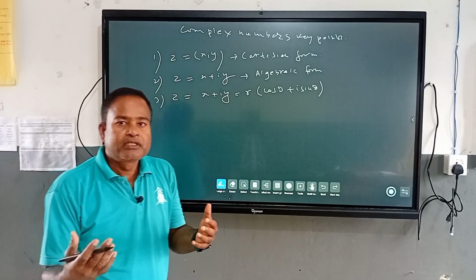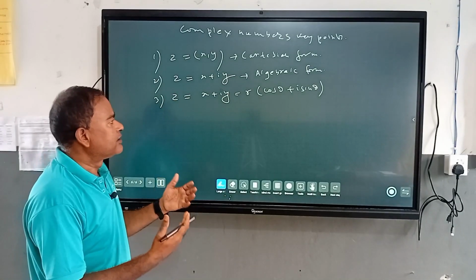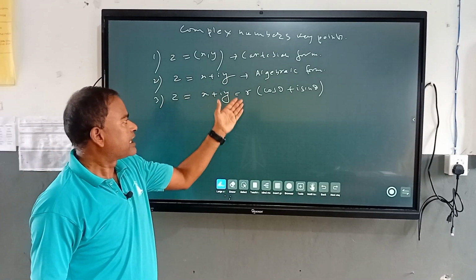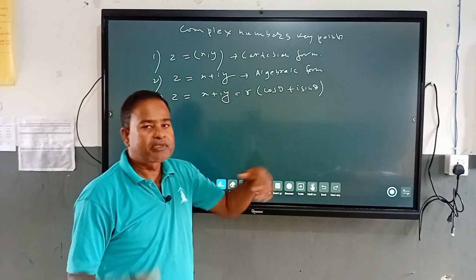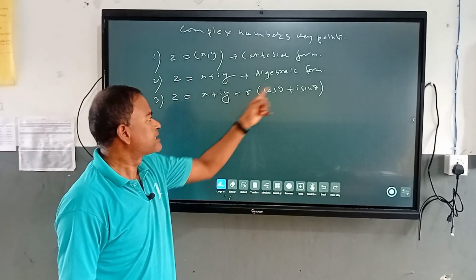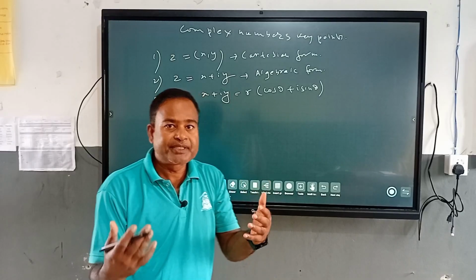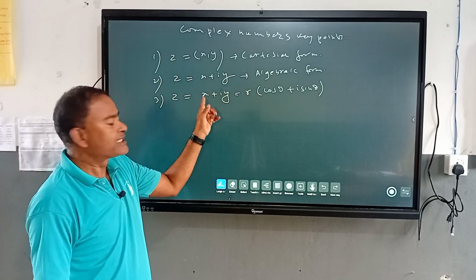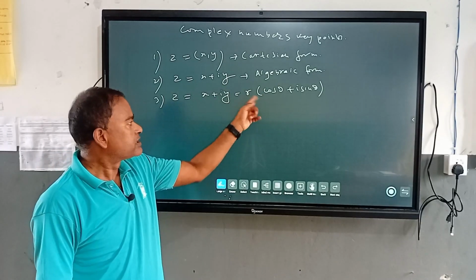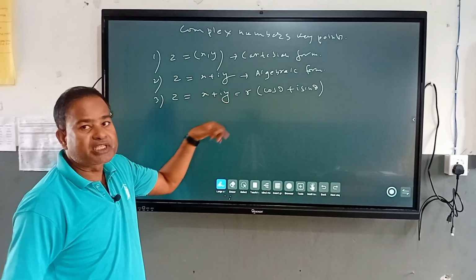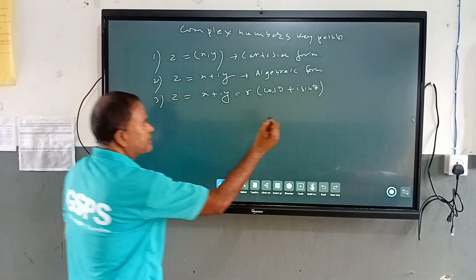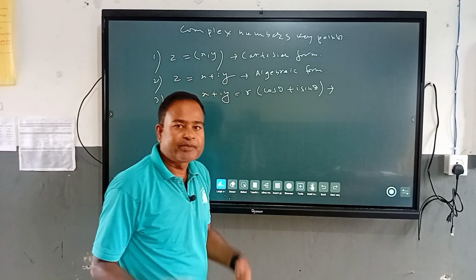So dear students, the trigonometric form, or we can say polar form of a complex number is z equals r times cos theta plus I sin theta, where r cos theta is the real part and r sin theta is equal to imaginary part. The x component, or we can say the real part, is x equals r cos theta, and the imaginary part y equals r sin theta. So this is called trigonometric form, or we can say polar form of complex number.